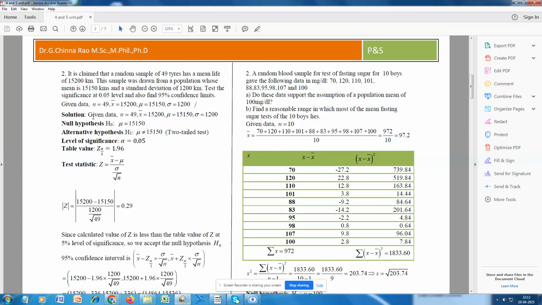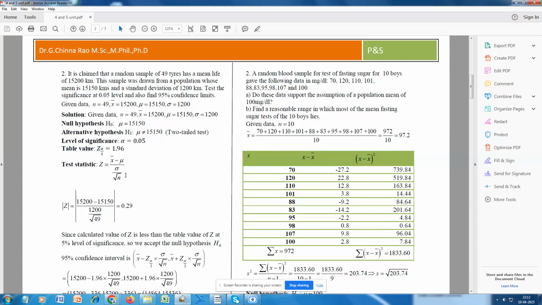Now, null hypothesis H naught: mu is equal to 15,150. Alternate hypothesis H1: mu not equal to 15,150. Level of significance 0.05.